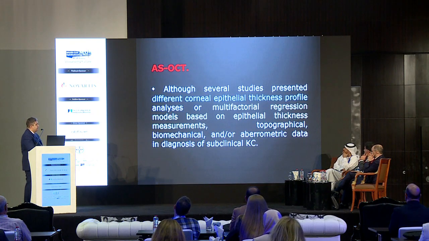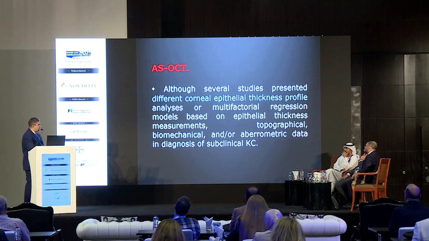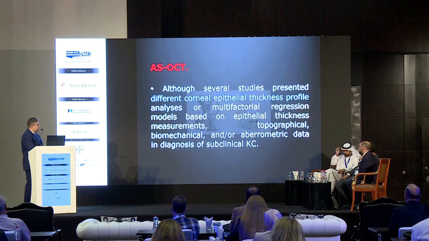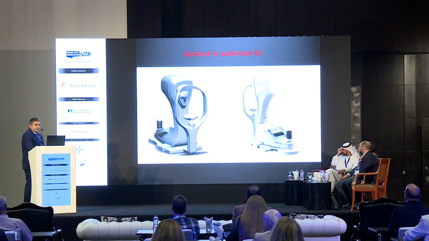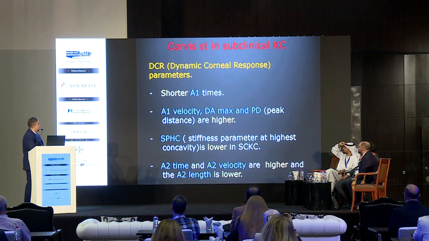Also, several studies presented different corneal epithelial thickness profile analyses or multifactorial regression models based on epithelial thickness measurement, topographical, biomechanical, and/or aberrometric data in the diagnosis of subclinical keratoconus. From my experience, in the Corvis ST, I used to depend on it.